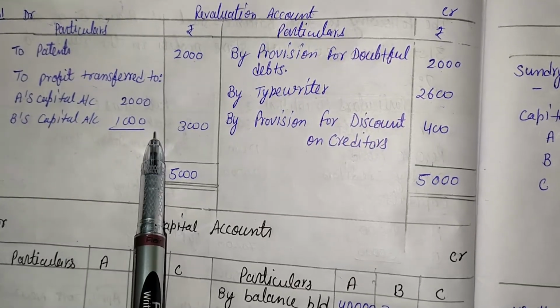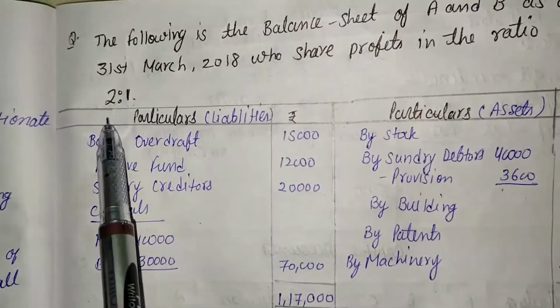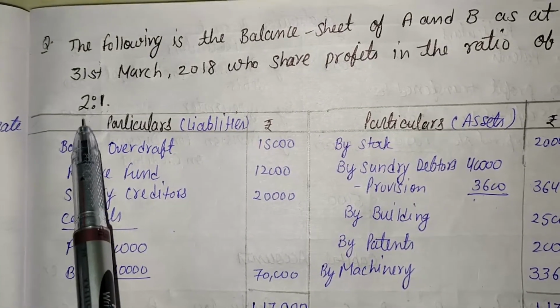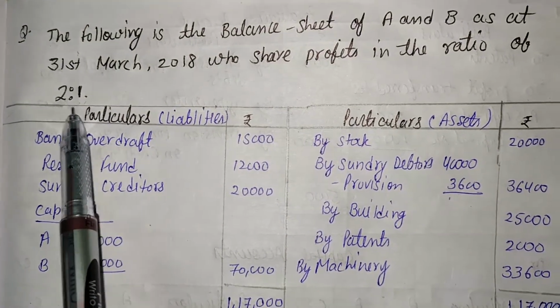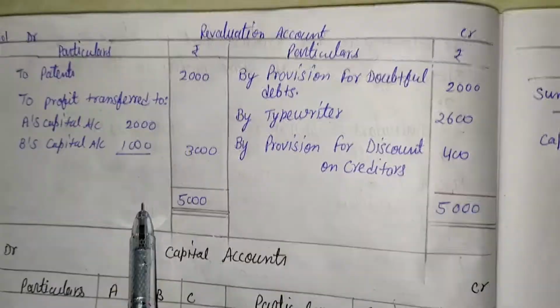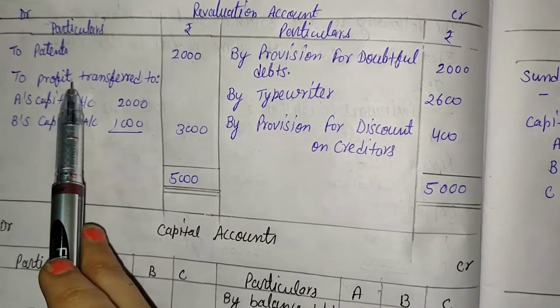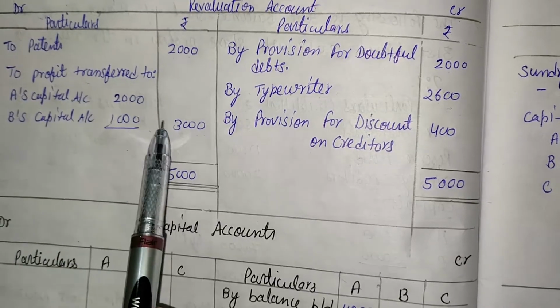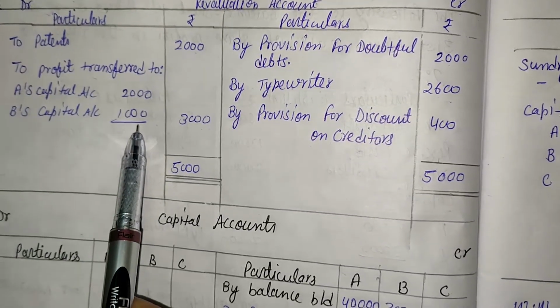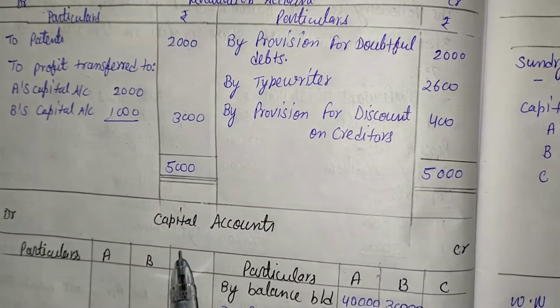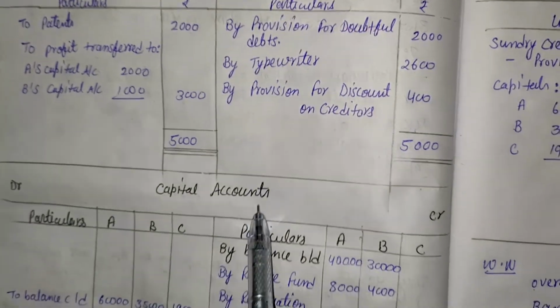What is the old ratio? Here the old ratio is mentioned in the question, that is 2:1. So we can divide that profit in the ratio 2:1, that means 2000 and 1000. After that, the next account, that is the capital account.